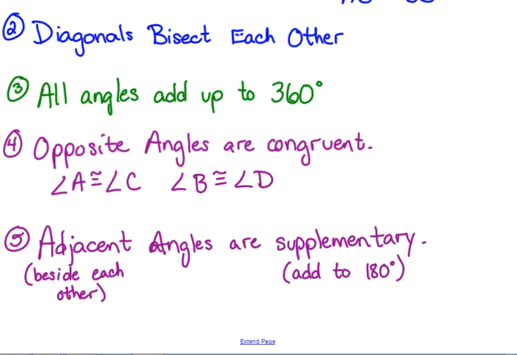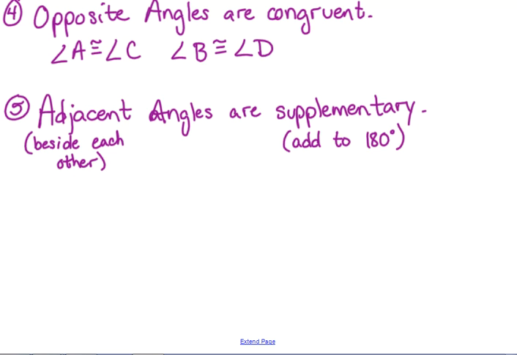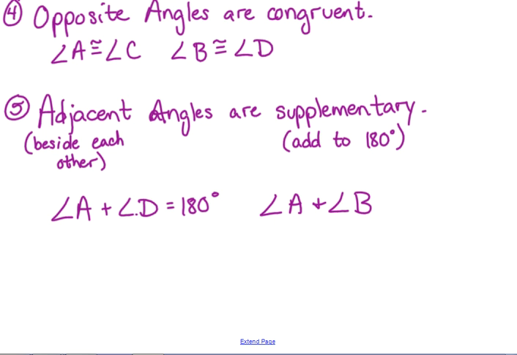So that means angle A plus angle D equals 180 degrees. That also means angle A and angle B plus equals 180 degrees.